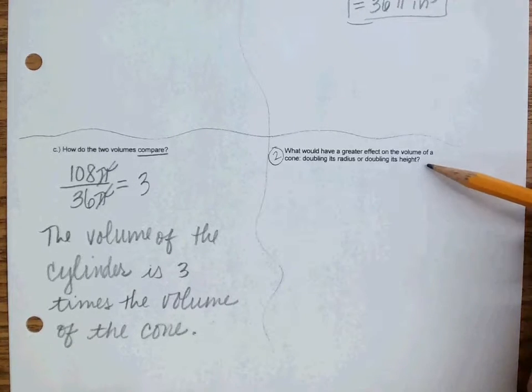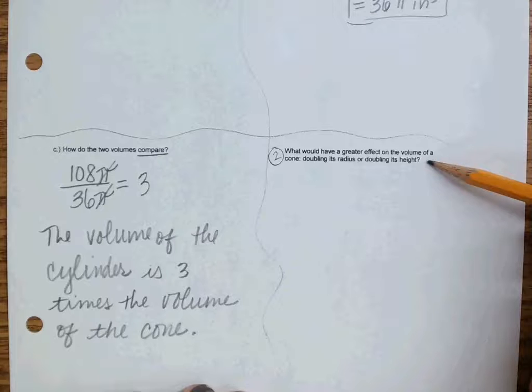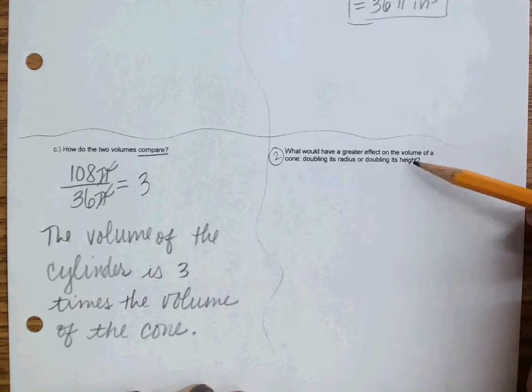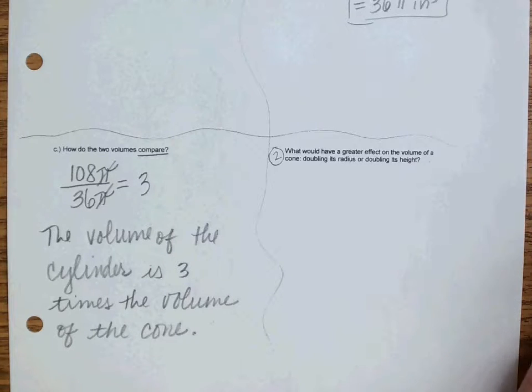Let's go ahead and do example number 2. Number 2 says, what would have a greater effect on the volume of a cone? Doubling the radius or doubling the height? And there are lots of different ways to figure this out. And so that is to come up with some example problems.